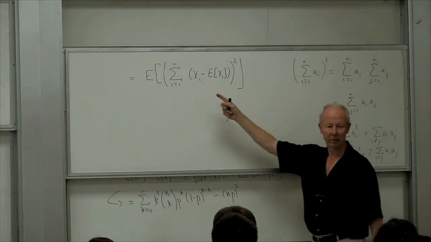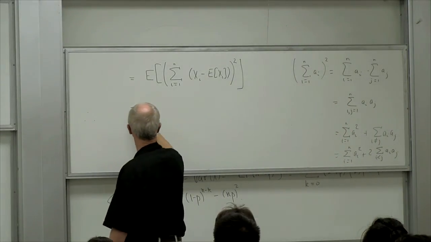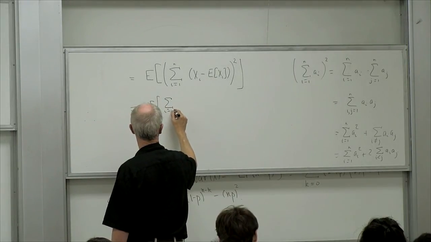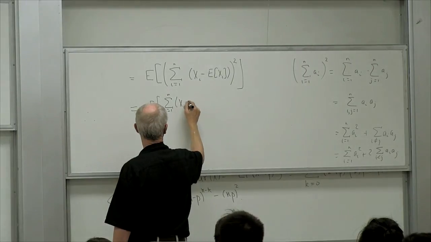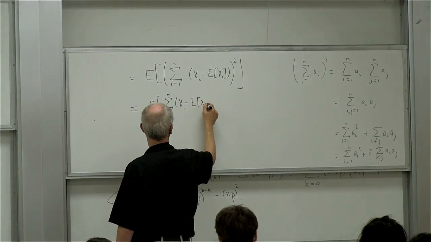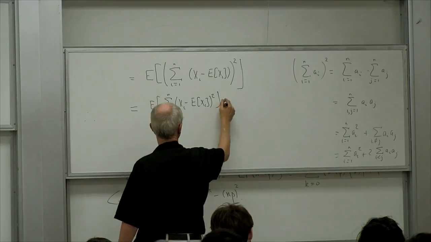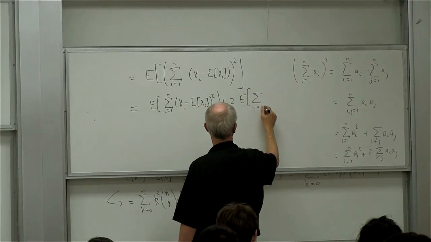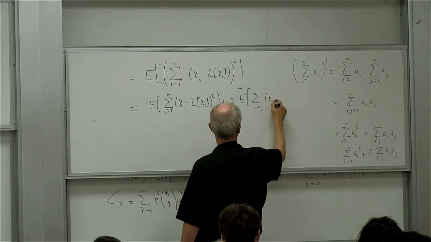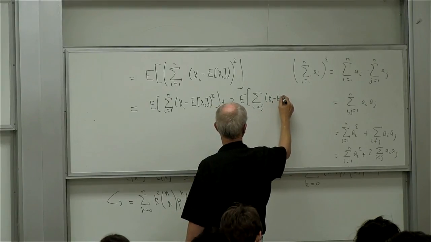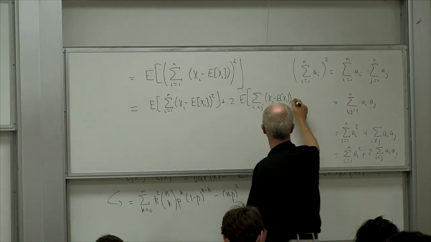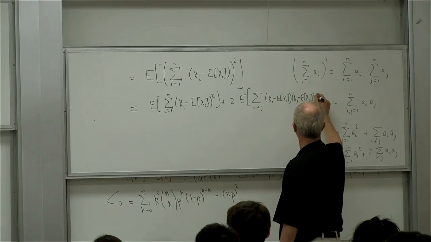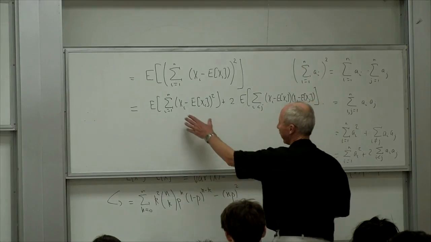These are the a_i's. Here's the a_i squared.